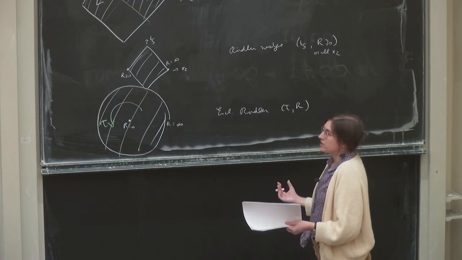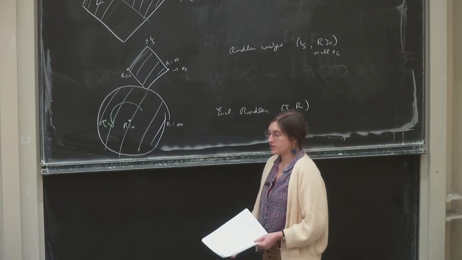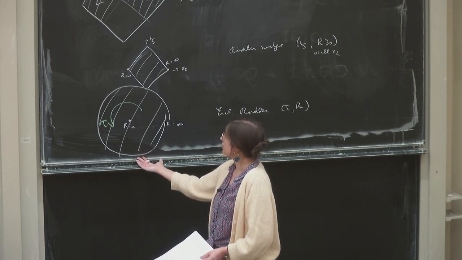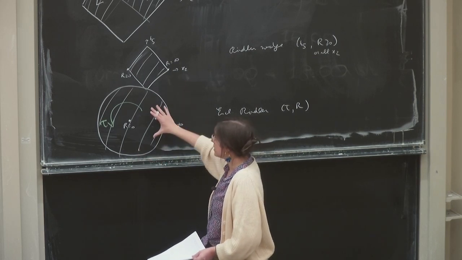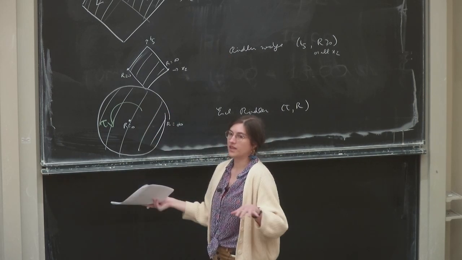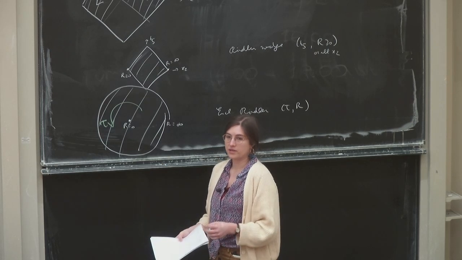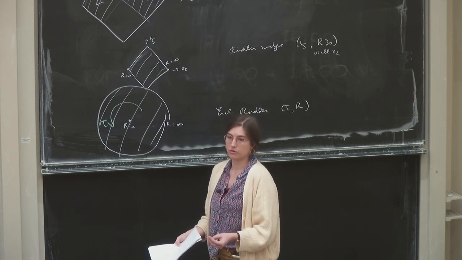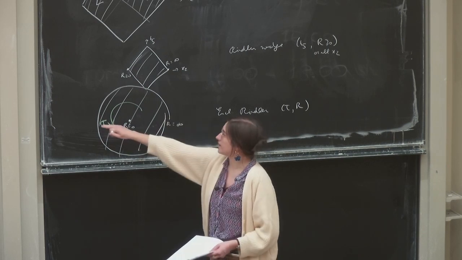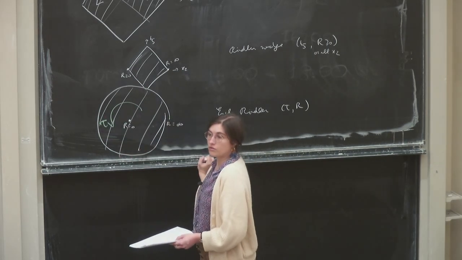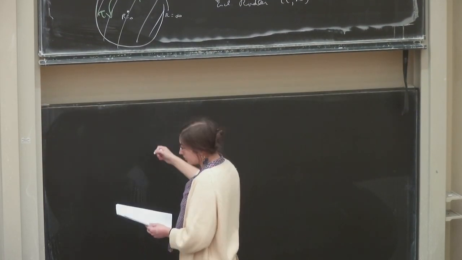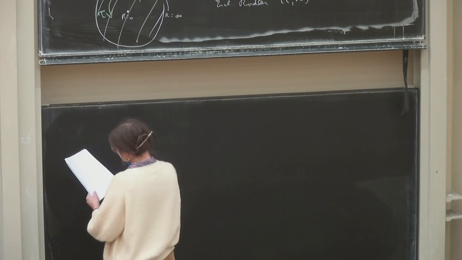So from the thermal field double construction perspective, there's a thermality because we end up again with a Euclidean manifold that can only be cut into 2 disconnected pieces by specifying 2 values of a periodic coordinate tau. So here that would be tau is 0 and tau is pi, let's say. So let's do exactly that and cut our manifold to make a thermal field double description of this thermal system.